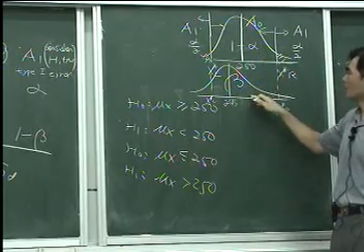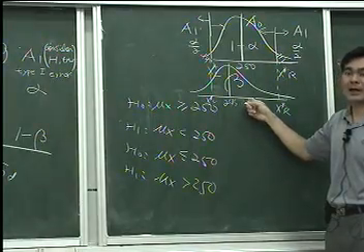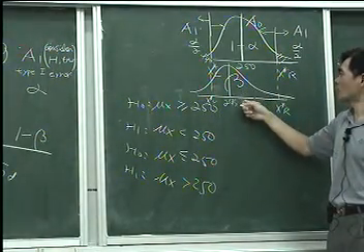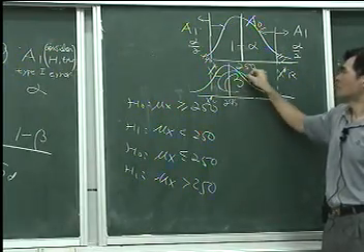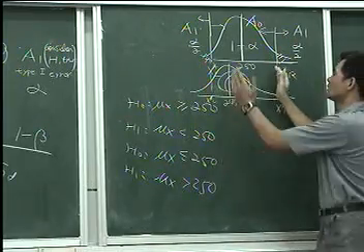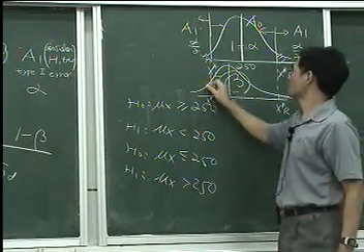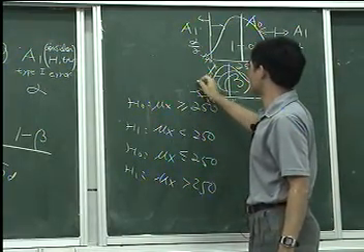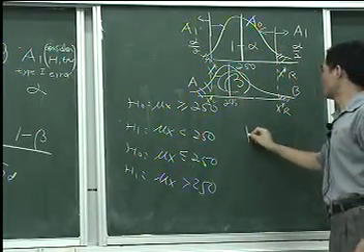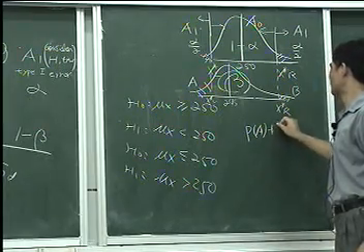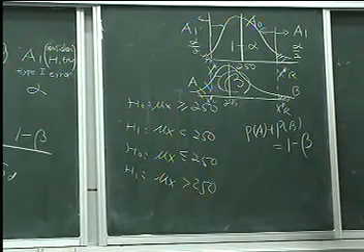But now you believe H naught is not true, so that means H1 is true, and you take action A naught. What does that mean? That's wrong. Type 2 error. So in this region, that's type 2 error. And what is this region? This area, let us say, is A, and this area, let us say, is B. So the probability of A plus the probability of B should be equal to 1 minus beta. Okay?